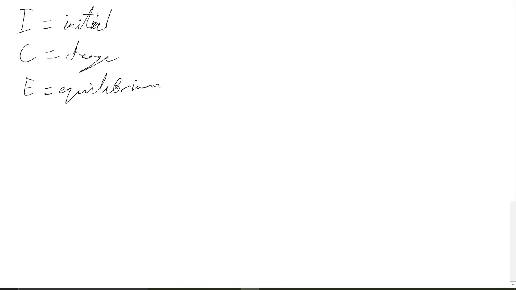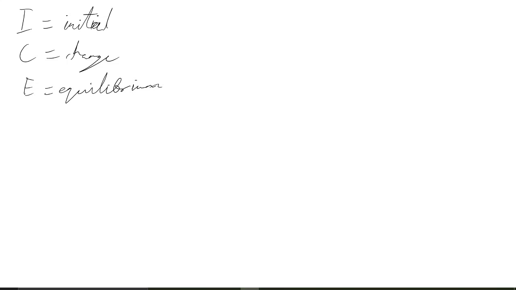So, what does this have to do with chemistry? There are 3 stages in a reaction that reaches equilibrium. There's the initial, which is the initial concentration of all the species.